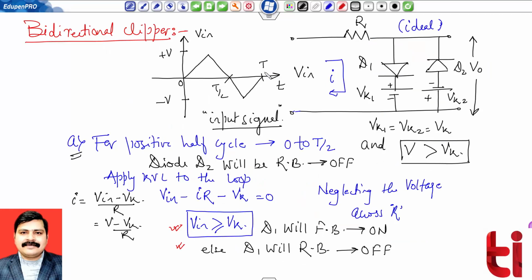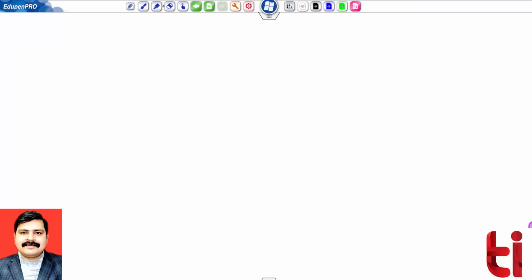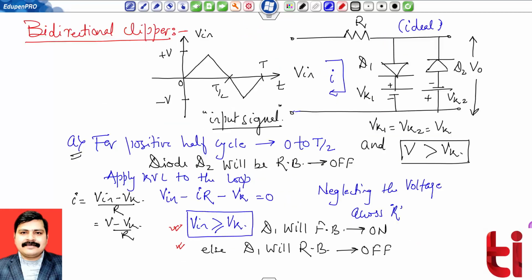Now let us see the next case, for the negative half cycle. Here the meaning is T by 2 to T. If you can see the circuit diagram, the upper terminal is now negative with reference to the lower terminal, and negative potential is connected to the anode of diode D1.